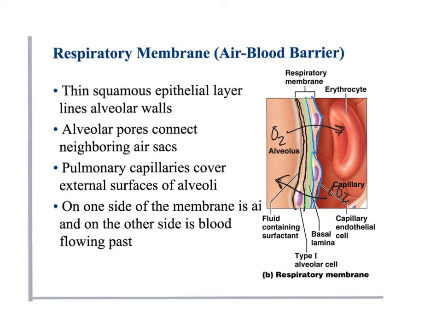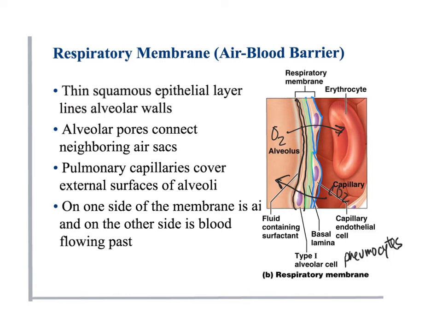The cells that line the alveolus, the simple squamous cells, are also called type 1 alveolar cells, or type 1 pneumocytes.